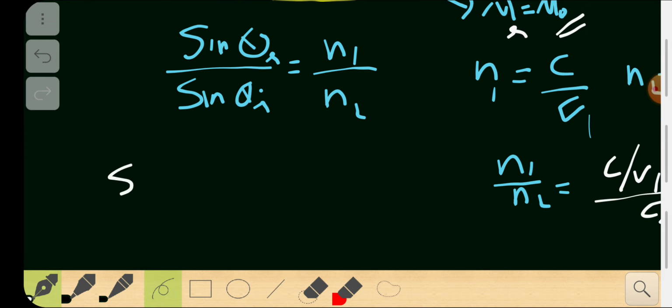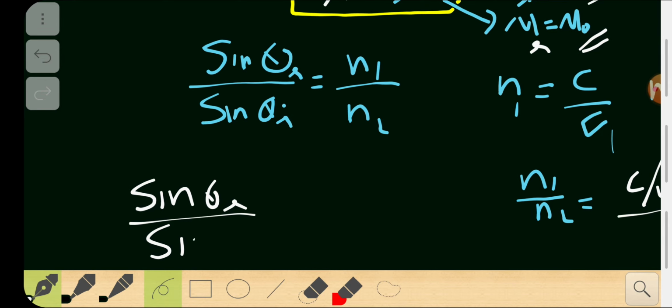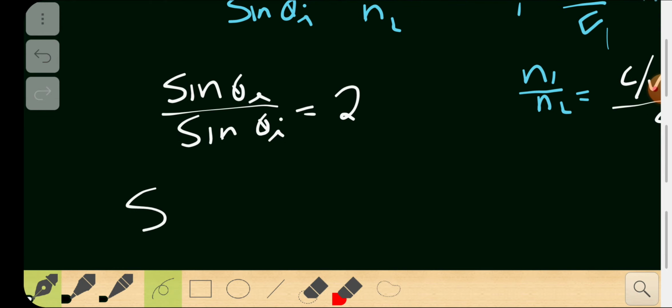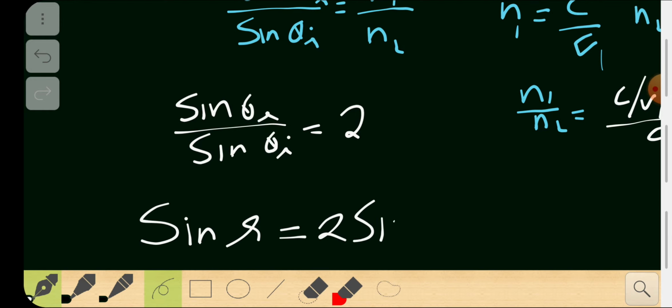So sine of theta r by sine of theta i is just 2. Sine of theta r must be equal to 2 times sine of incidence.